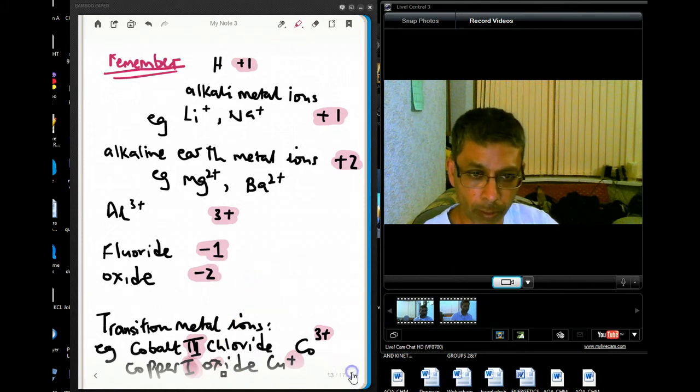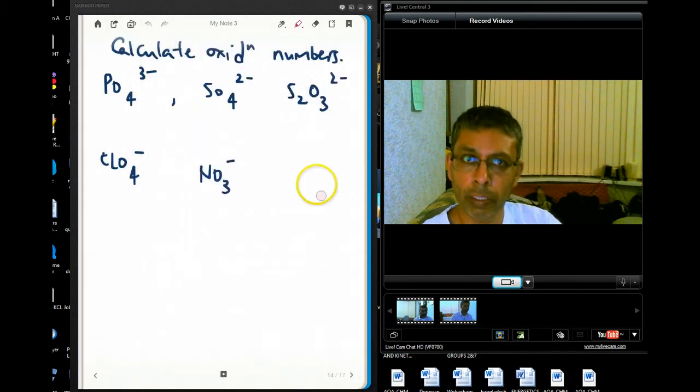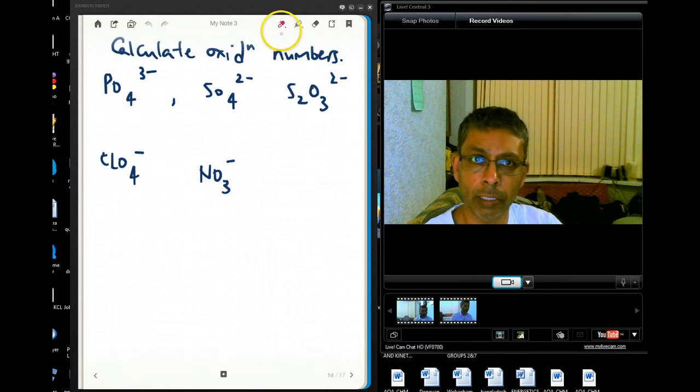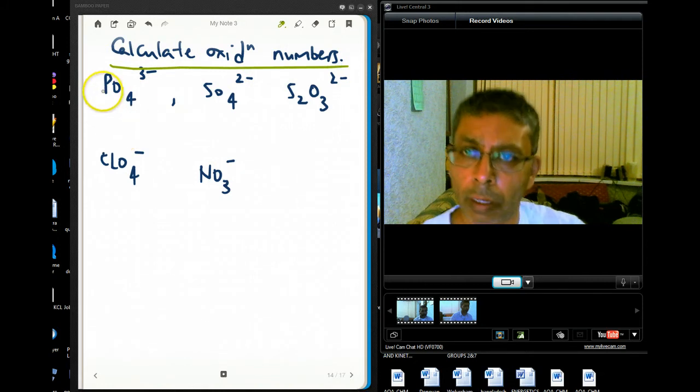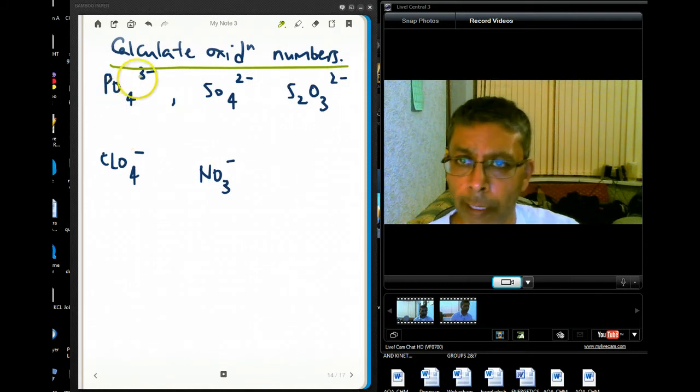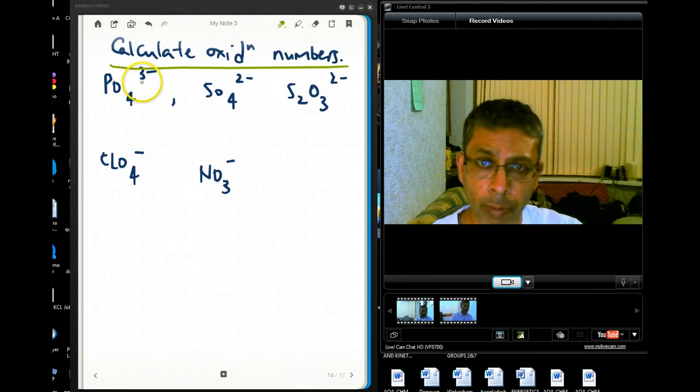Okay, right, here's some oxidation numbers we can calculate. Let's try doing these. Okay, let's look at this phosphate ion. Phosphorus and oxygen, overall charge is 3-. Okay, so when you add the oxidation numbers up together, it should leave us with a 3- charge.